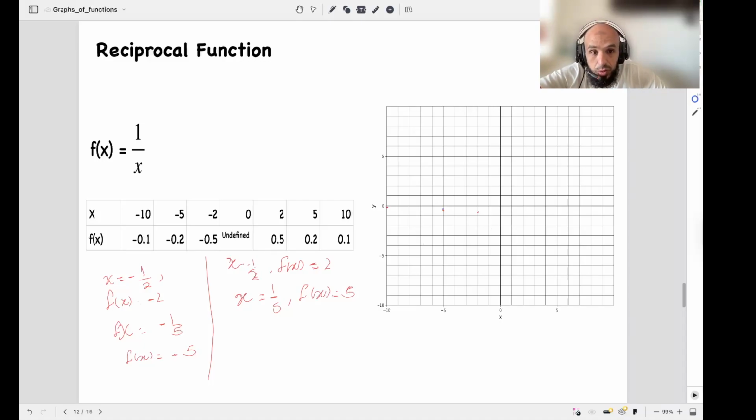So let's plot. When x is negative 2, and at 1 it's here.